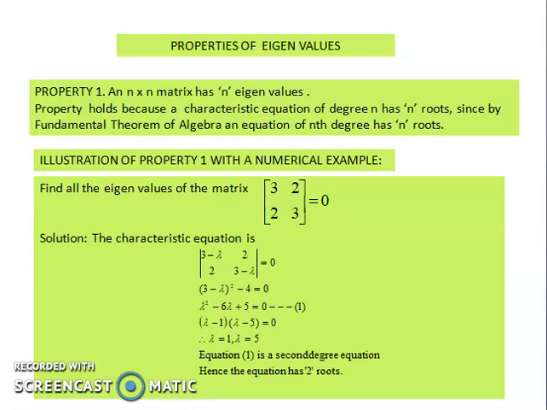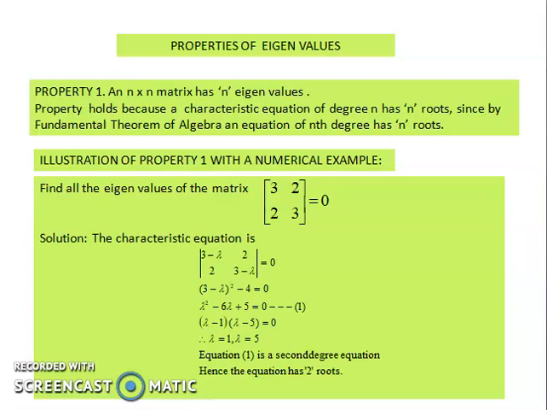So suppose our characteristic equation is of nth degree, then it will have n roots. Thereby an n cross n matrix will have a characteristic equation of nth degree and it will have n eigenvalues. For this I will consider a 2 by 2 matrix. We should have a characteristic equation of order 2 and 2 eigenvalues.